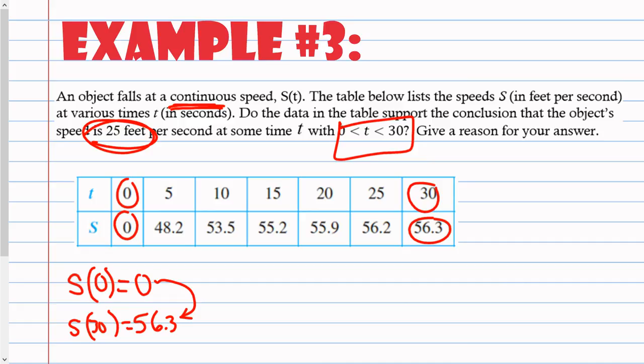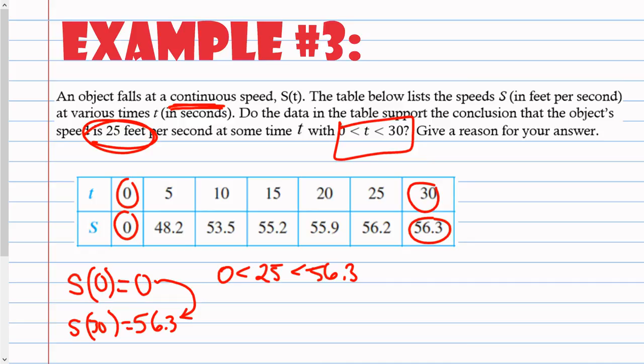I must pass through 25. And since 25 is in between 0 and 56.3, then yes, according to the IVT, there should be a time where I'm guaranteed to have a speed of 25 feet per second.